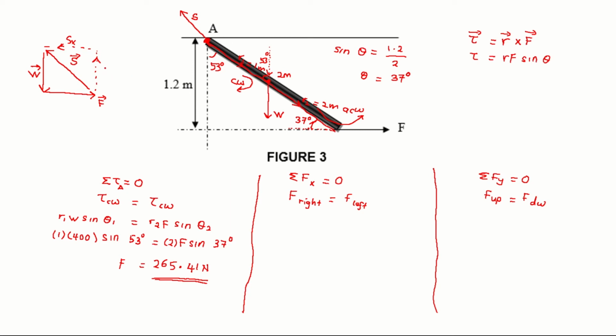F right is the applied force F and F left equals Sx, so Sx equals F equals 265.41 Newton. For the y-axis, F up equals Sy and F downward equals weight, which equals 400 Newton.